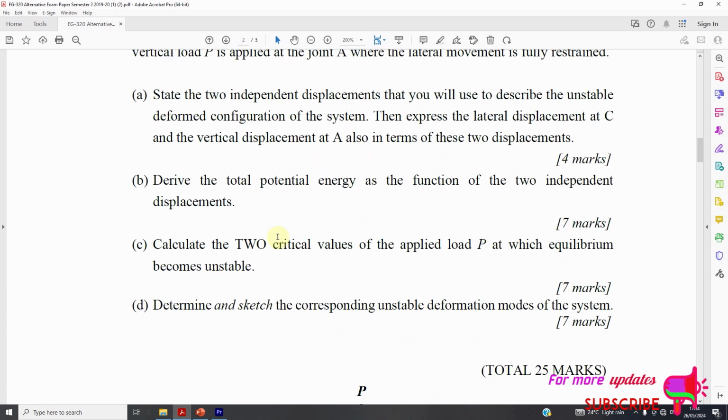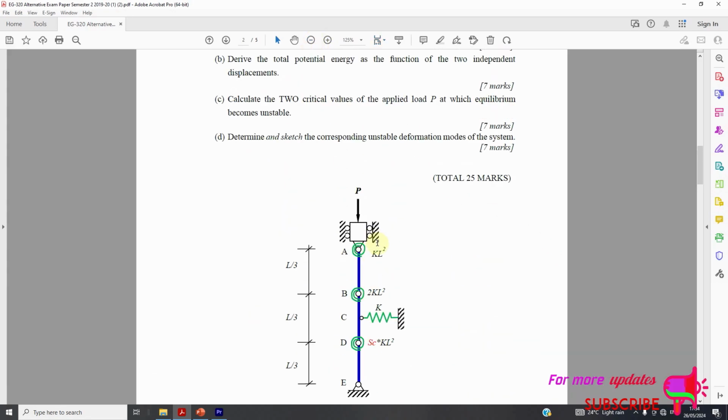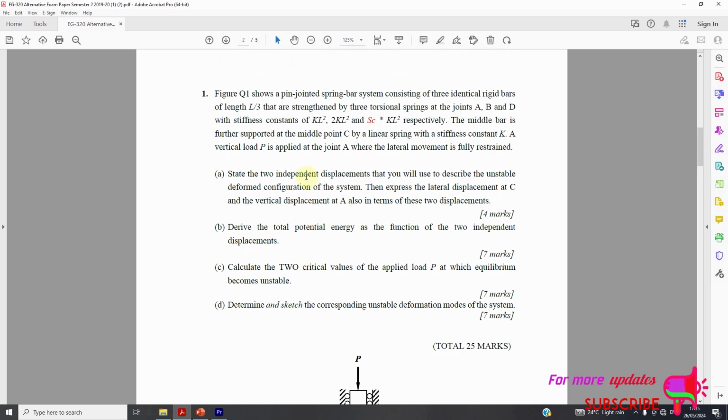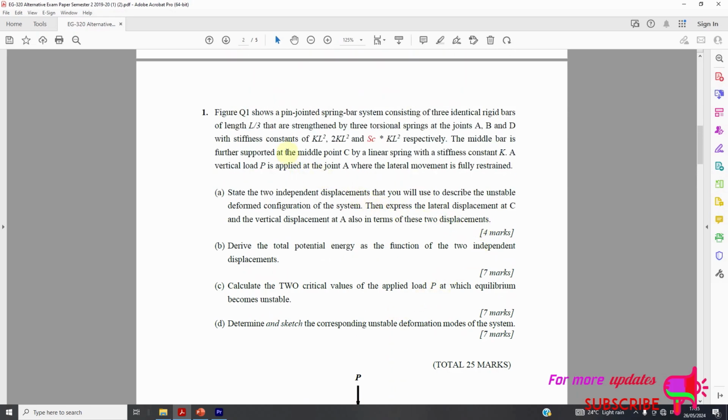Now the figure Q1 shows a pin joint spring bar system consisting of 3 identical rigid bars of length L over 3 that are strengthened by 3 torsional springs at the joints A, B, and D, with stiffness constants of KL squared, 2KL squared, and your student constant multiplied by KL squared respectively.